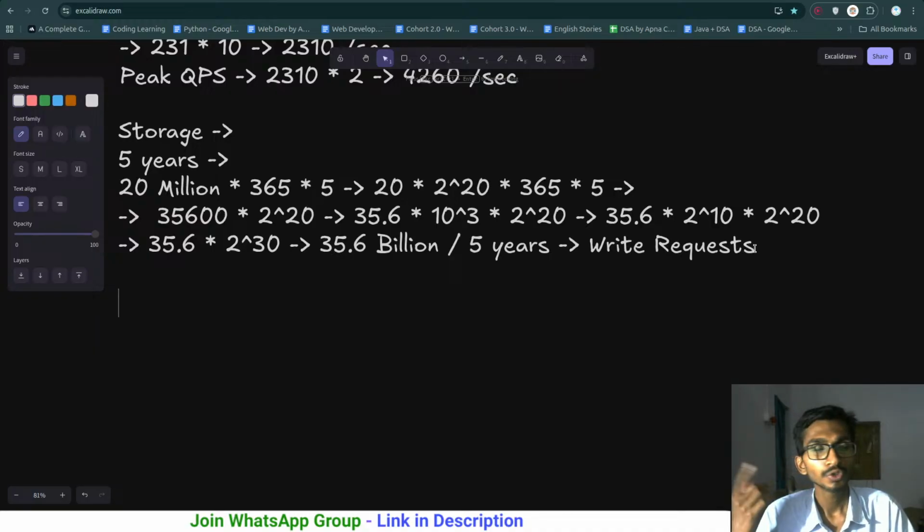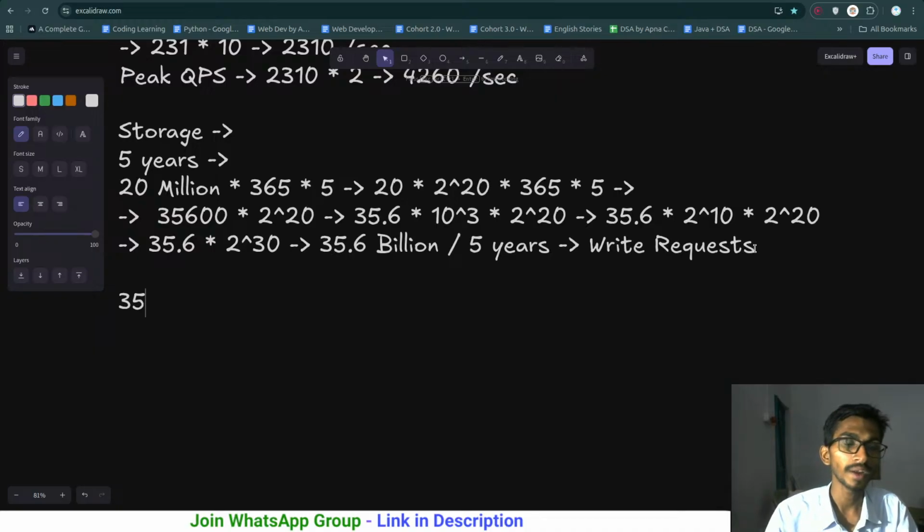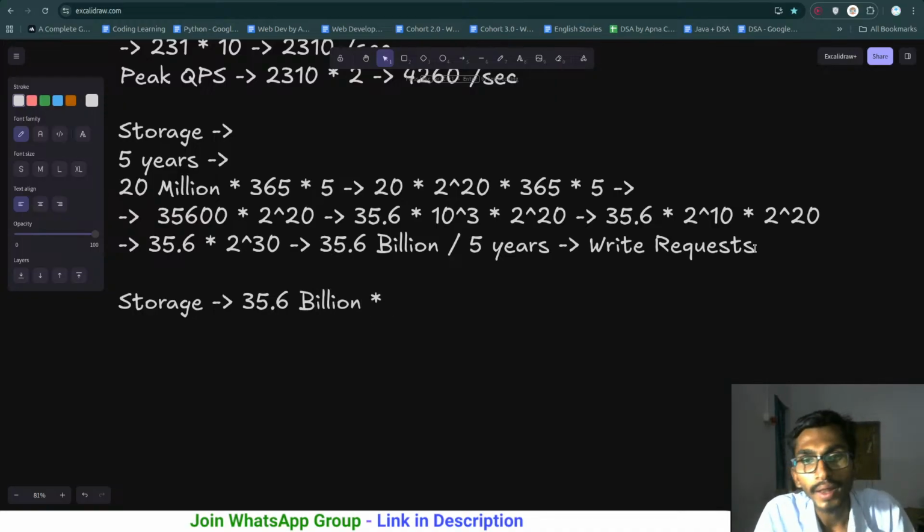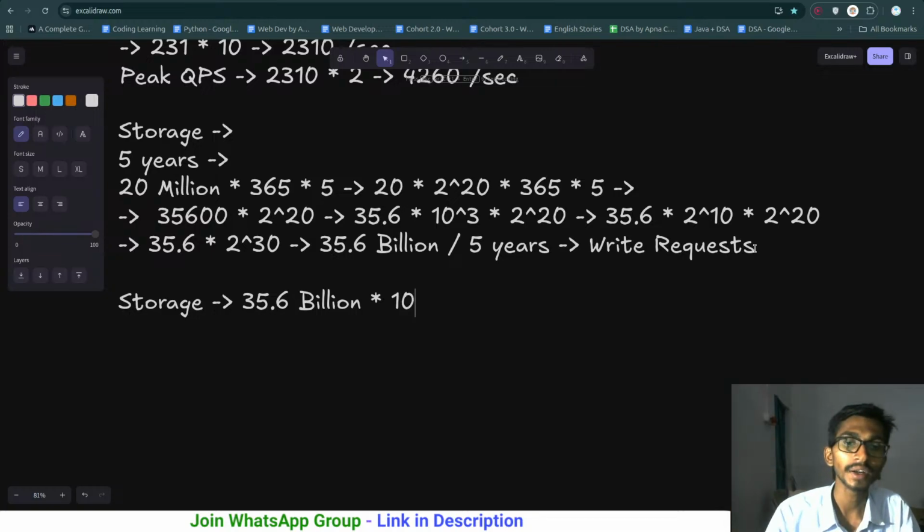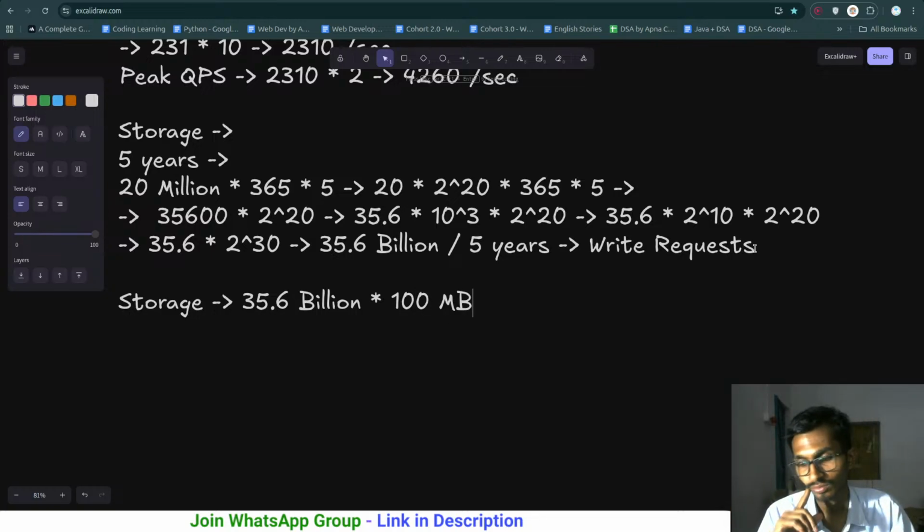Now, suppose I'm storing a URL, and that URL has a size of 100 bytes. So the storage is going to be equal to 35.6 billion, multiplied by, if one URL takes around 100 MB. 100 MB, is that too much? 100 byte.